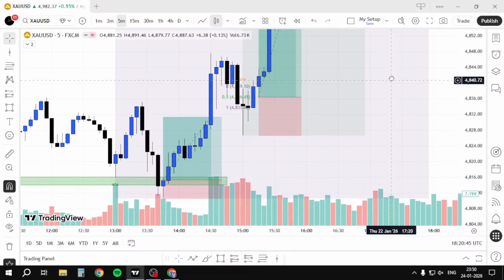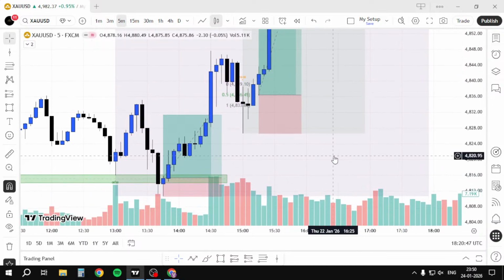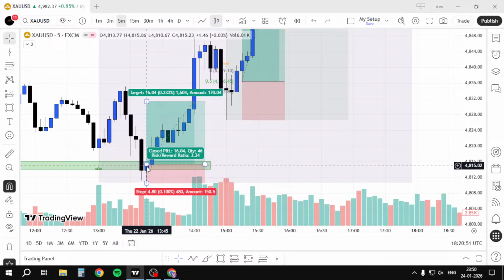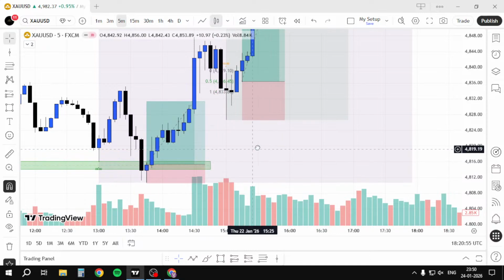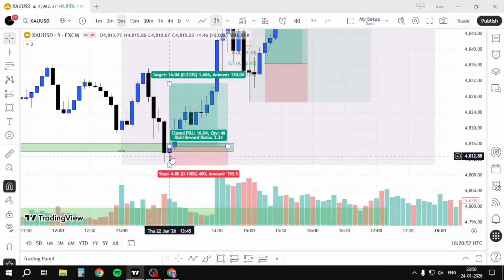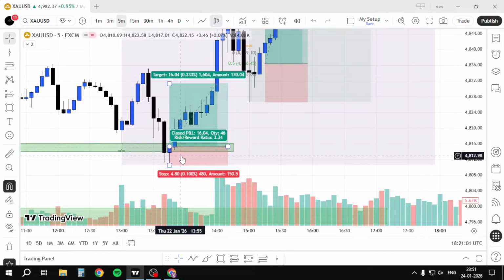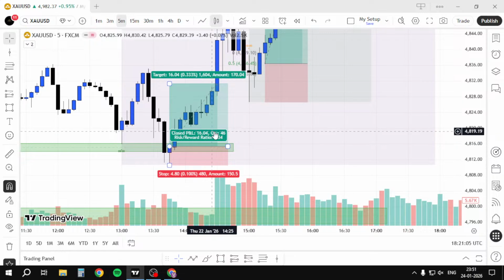Now see what I said: look for what is left behind. You could say there is an FVG left behind and an order block left behind. If these two things were left behind, no doubt it's an order block. But if it's an FVG left behind, this candle must tap that FVG, but it didn't.